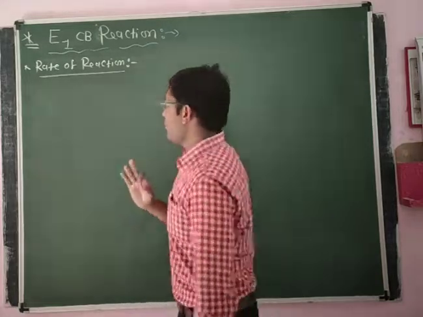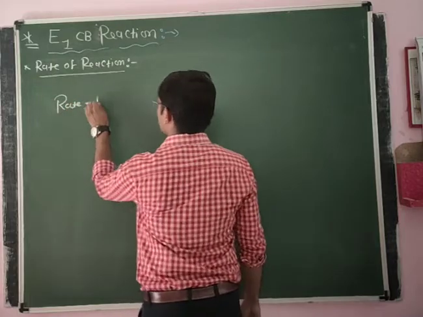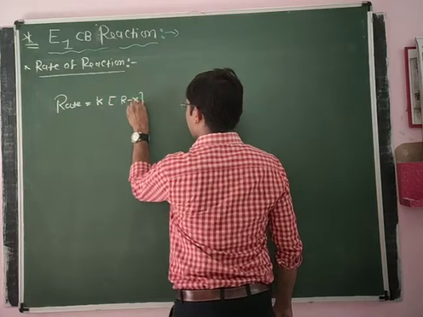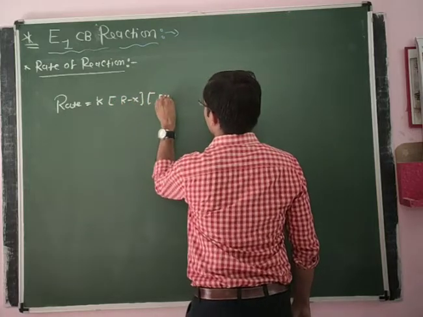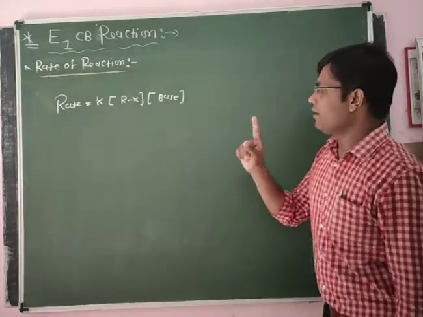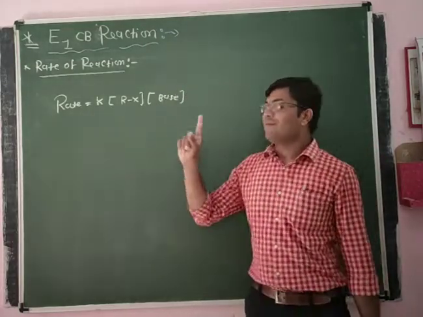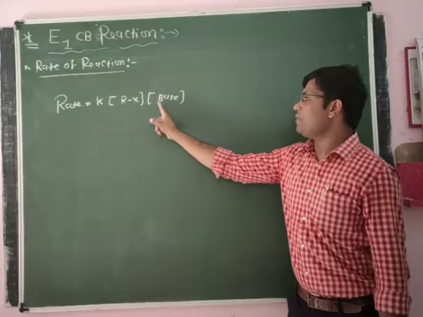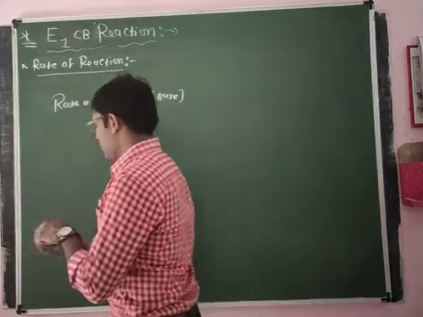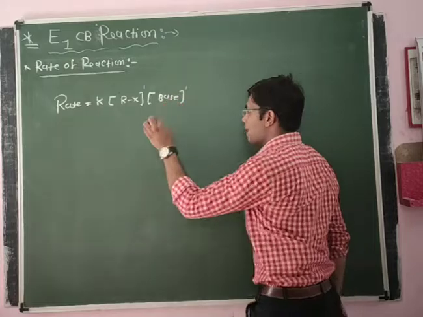But here remember very well, the rate of the reaction depends on both the substrate, or alkyl halide, as well as our base. Remember very well here, the rate of reaction depends on both the concentration of substrate as well as the concentration of base. It means this one is first order with respect to RX, and first order with respect to base.